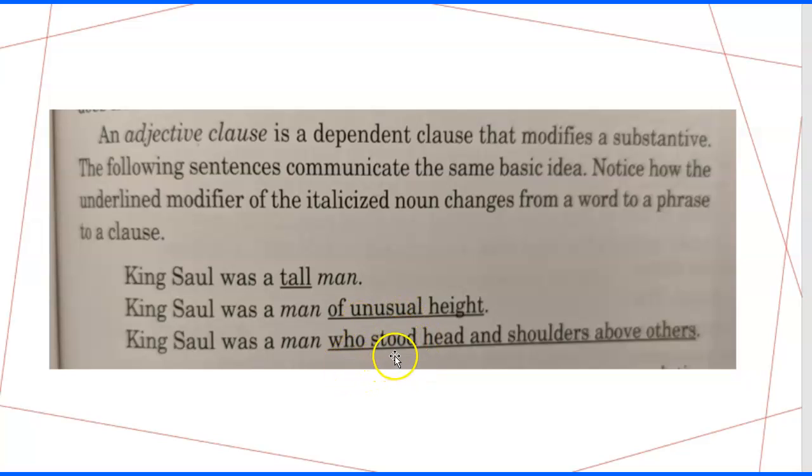So there's the subject and the verb, but notice it can't stand by itself, who stood head and shoulders above the others. If it was a question, it could, but it can't stand by itself. It is modifying man, just like unusual height is modifying man here, and tall is modifying man here. So basically, you are looking at who, which clauses. And so here's one for an example.